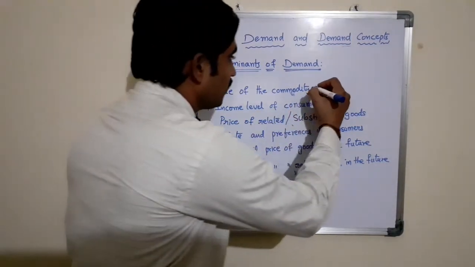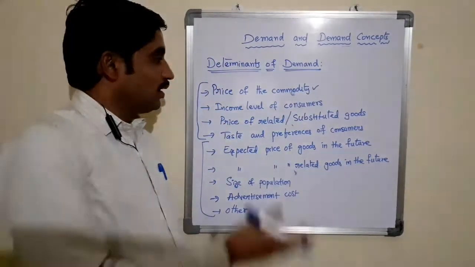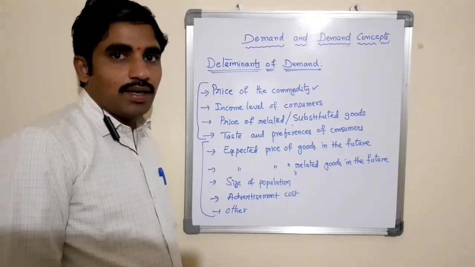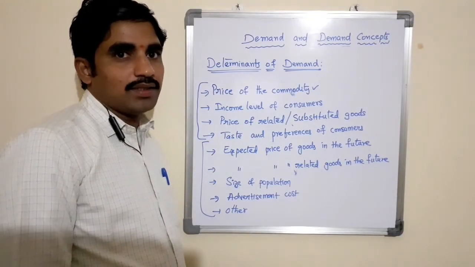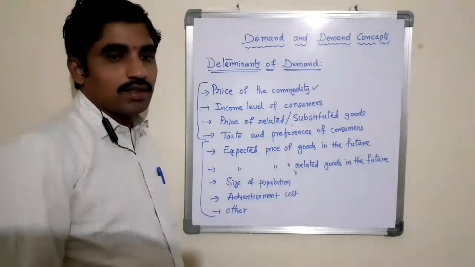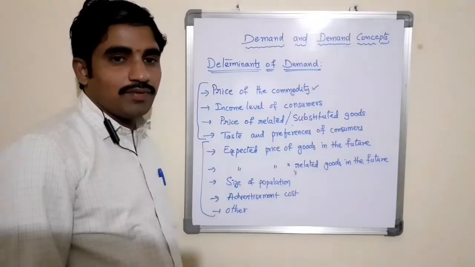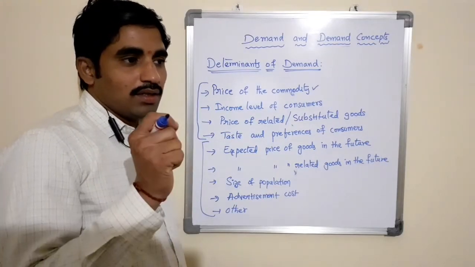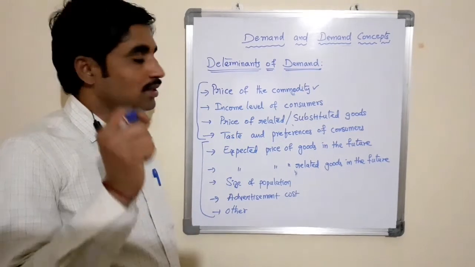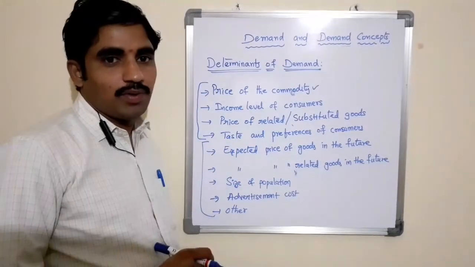The first one is price of the product or price of the commodity. This is one of the most important factors affecting the quantity demanded of a commodity. There is a direct relationship between the price and the demand of a commodity. It is the most significant determinant which changes the quantity demanded of a product.